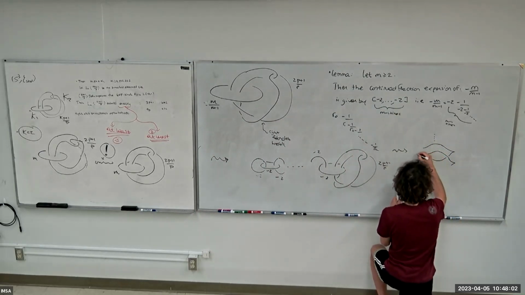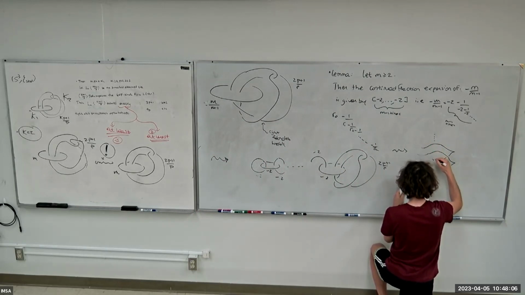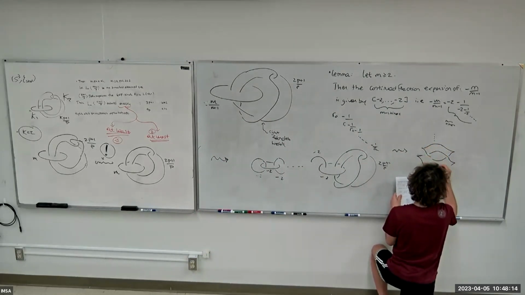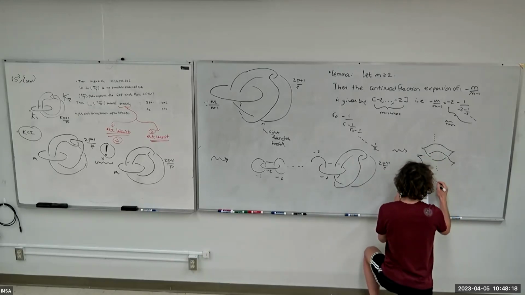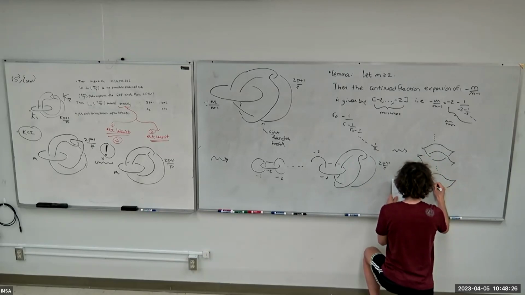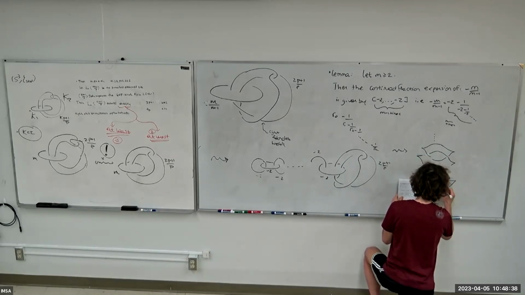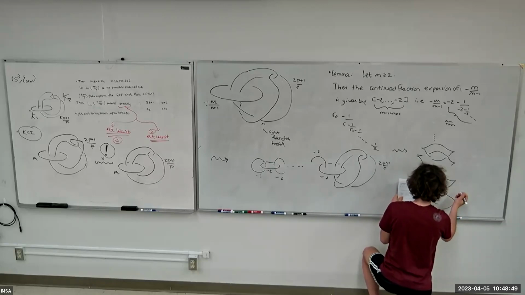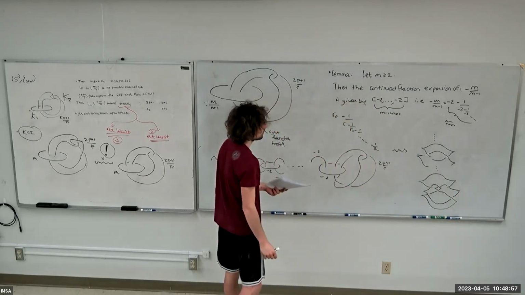Now, this graph goes here, and this is for the unknot portion, and then you end up with the picture. So this is the generalization of this part here.